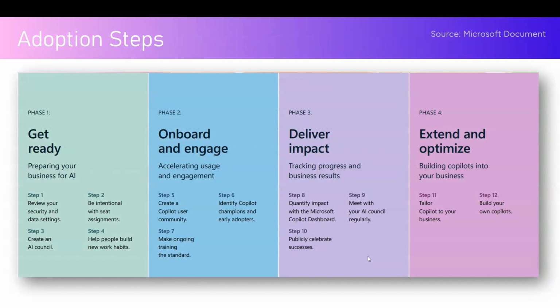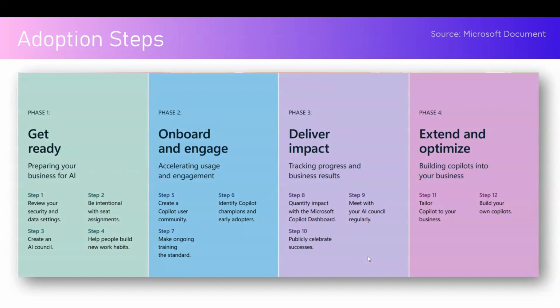The second is all about utilizing those seat assignments for Microsoft 365 Copilot. You need to be very focused on some set of users within your organization to utilize Copilot first, and then those people will become champion users and eventually start onboarding other staff members within your organization.